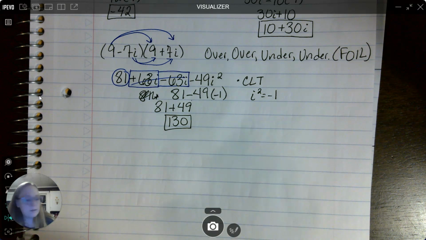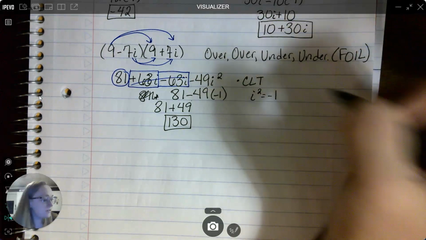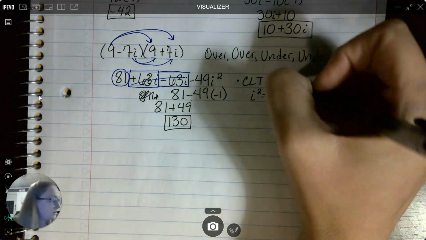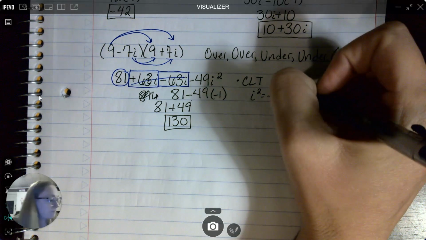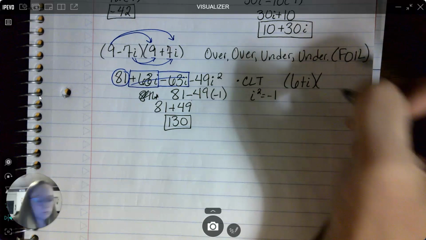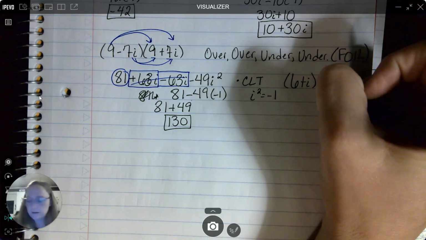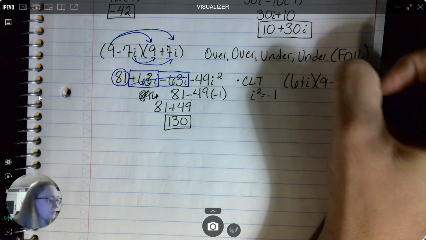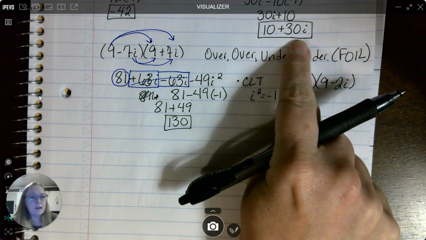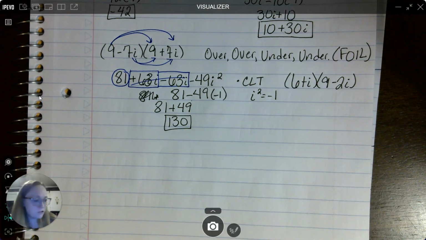Okay, let's practice one more. I want you to see what happens when we multiply and we get a complex number, again for us to get comfortable writing i as the last term instead of the first term.